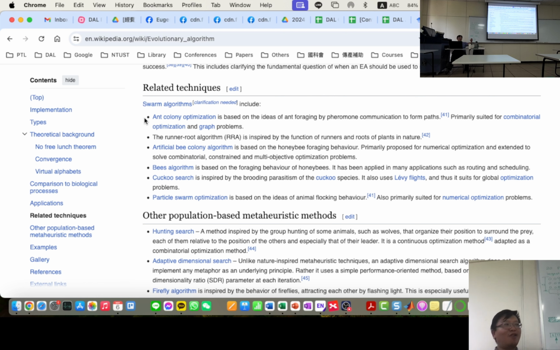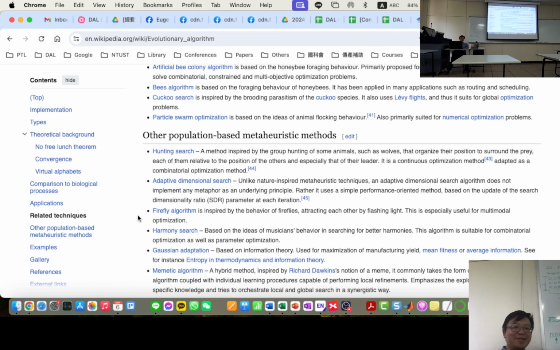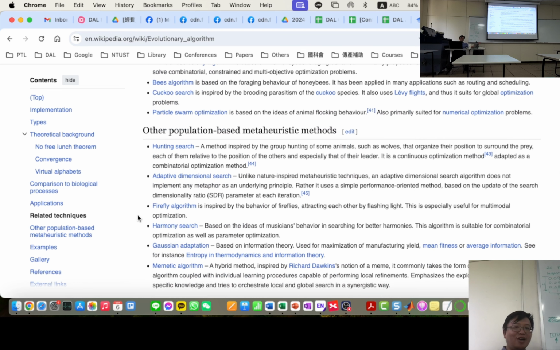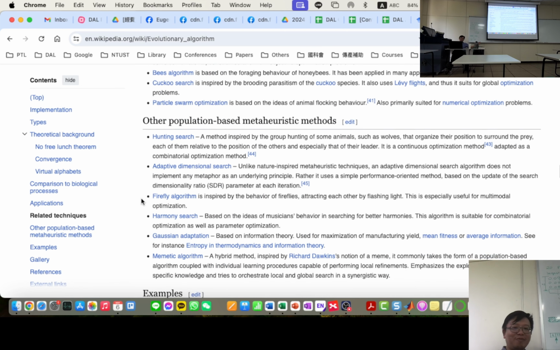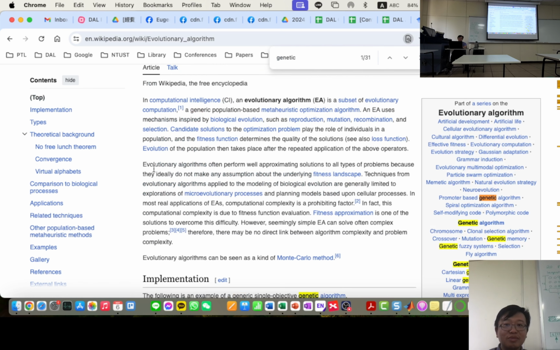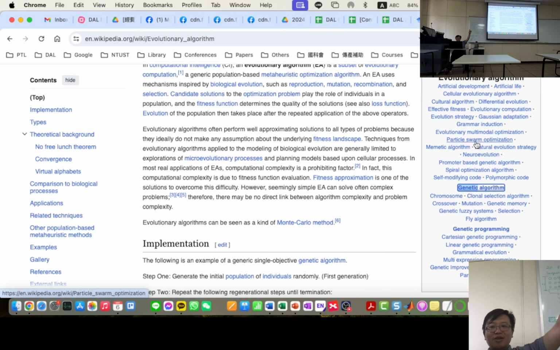They try to follow how ants explore the space, and particle swarm, firefly. I remember some of you used some of the fly algorithm, right? Do we have GA here? Oh, here's a list on the right hand side. Every one on the right hand side is an optimization algorithm, GA.